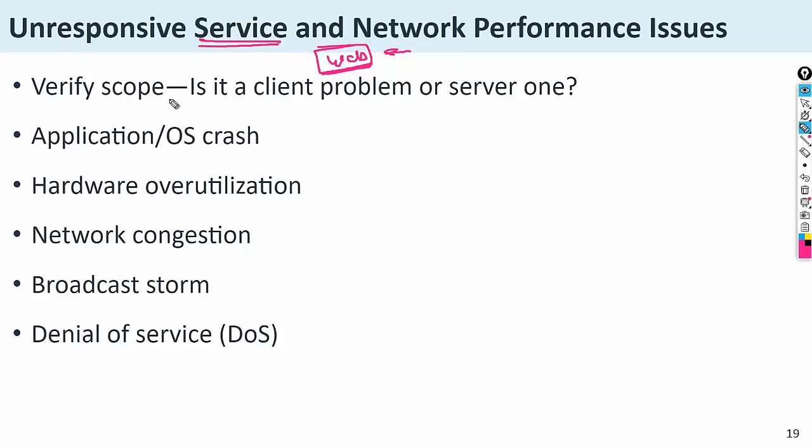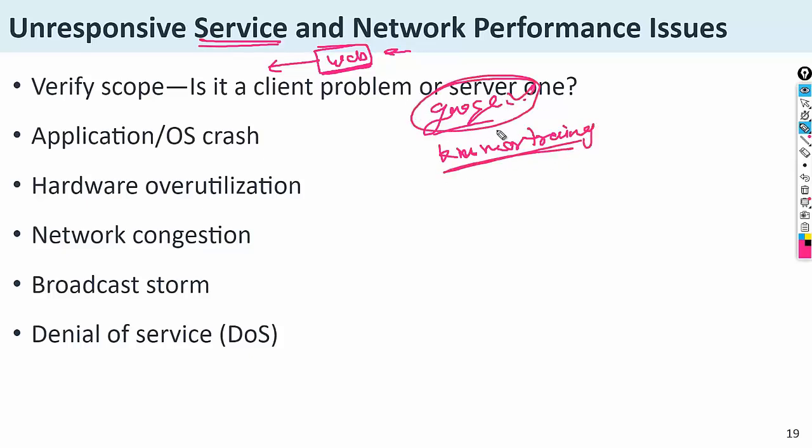If the server is not reachable, there are multiple possibilities. Your internet is working, you are accessing Google, but you are not able to access the Kumar training website. This website you are not able to access, but Google is working. So what are the possibilities? I will have to identify where the problem is.